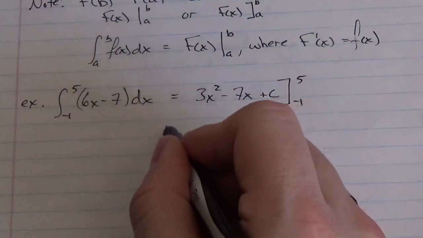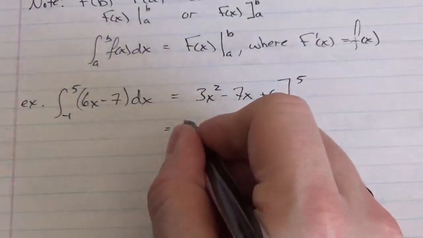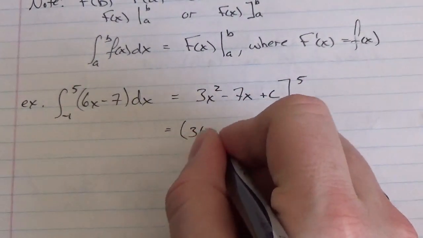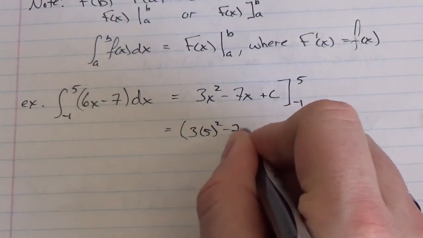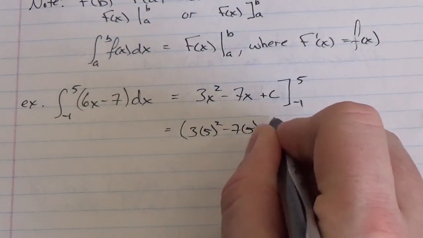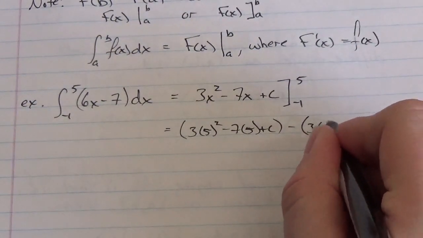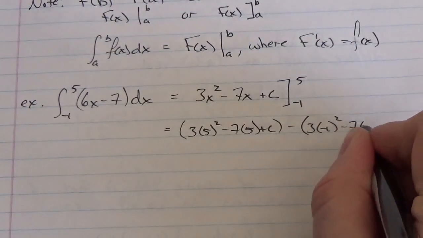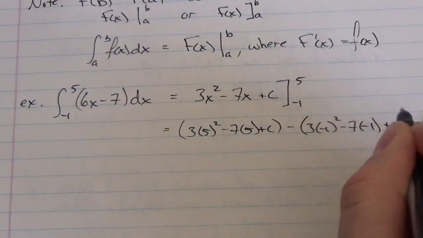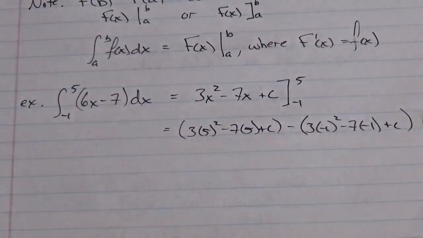So now I'm going to evaluate this at 5. There's my arbitrary constant there. And I'm going to subtract the value when it's evaluated at the low end of my interval, my -1.